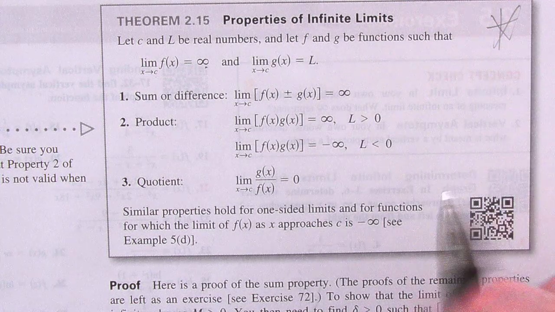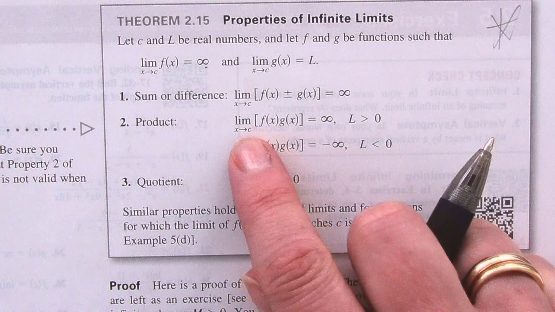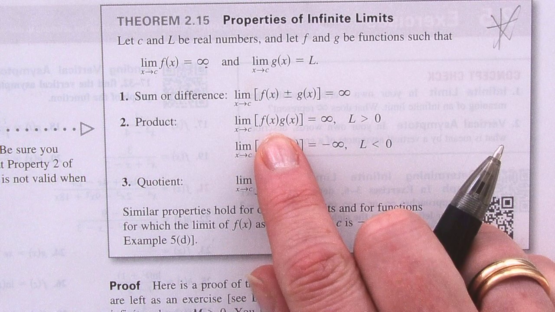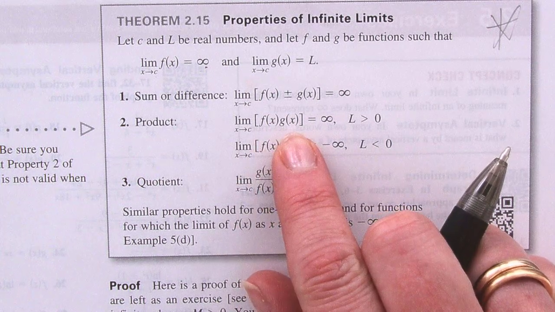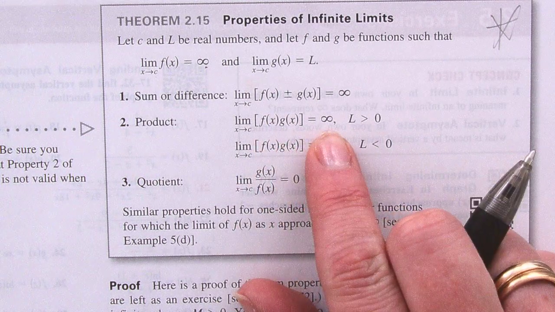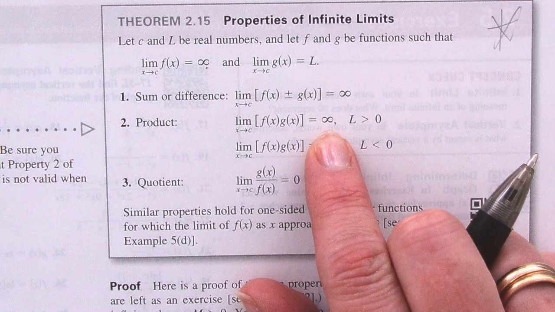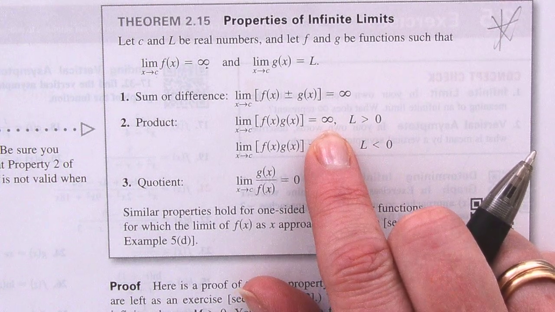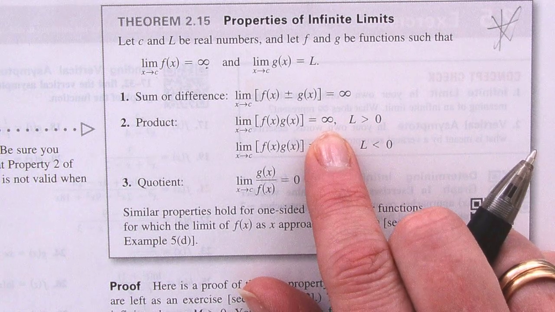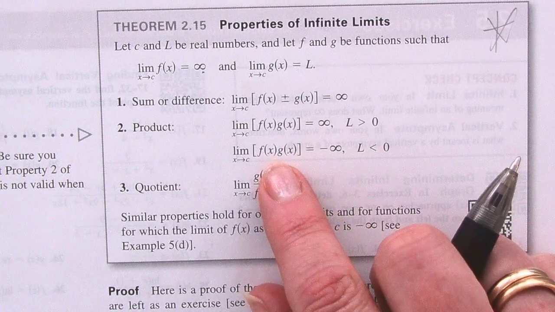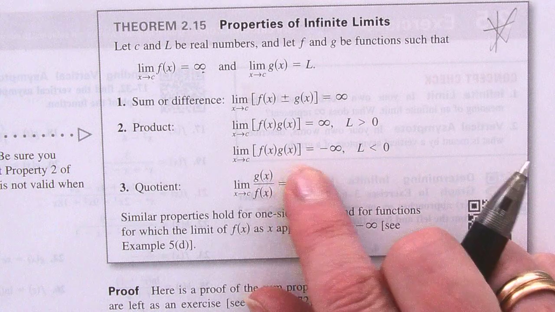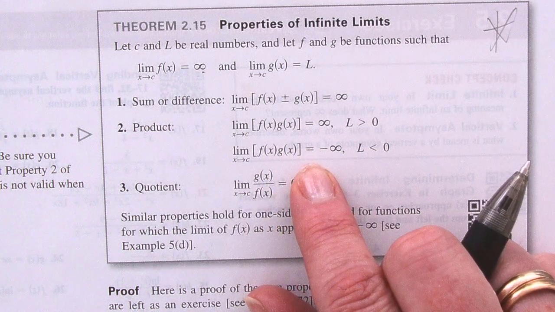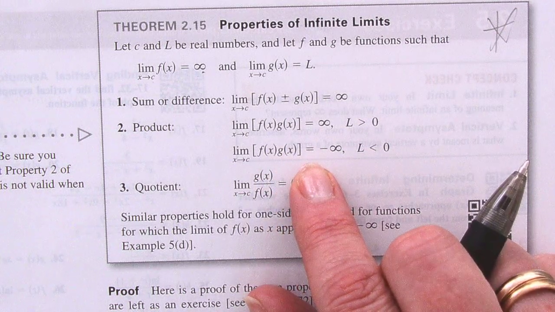Products: if I multiply something that has an infinite limit by something that has a constant limit, you take something huge and multiply it by some positive number, it's still going to be something huge and positive. If you multiply it by some negative number, then it's still going to be something huge but negative.